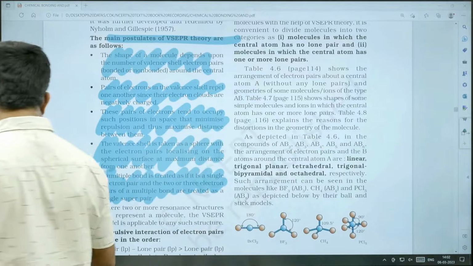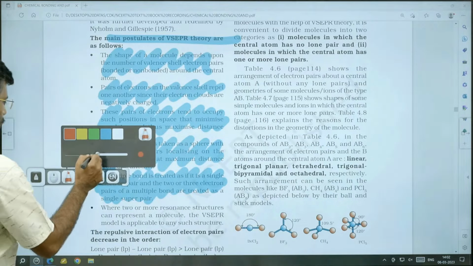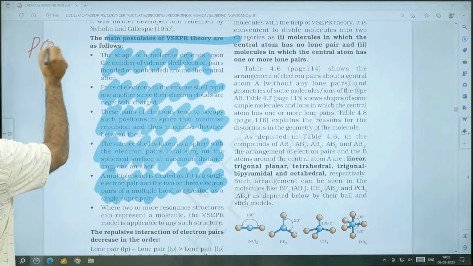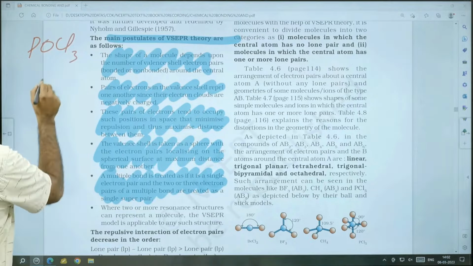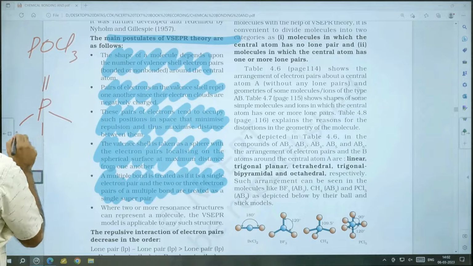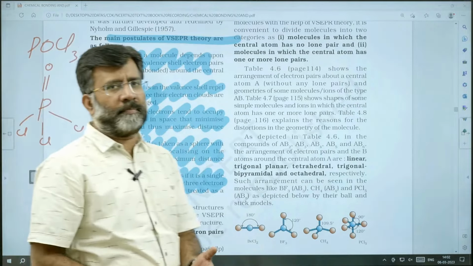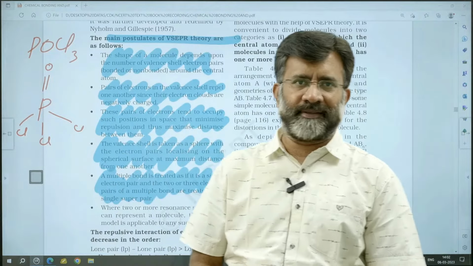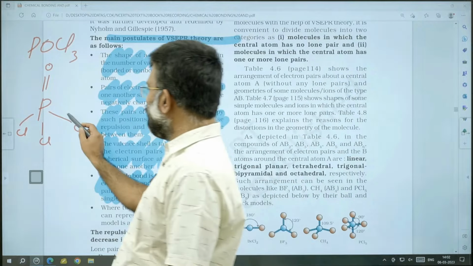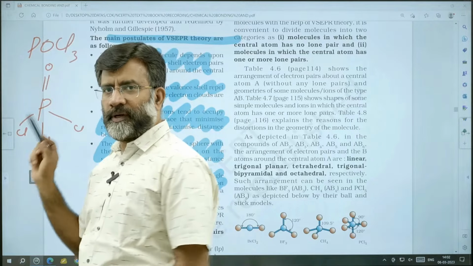For example, take the molecule POCl3. How many electron pairs are around the central phosphorus? You see 1, 2, 3, 4, 5? No, it is only 4.